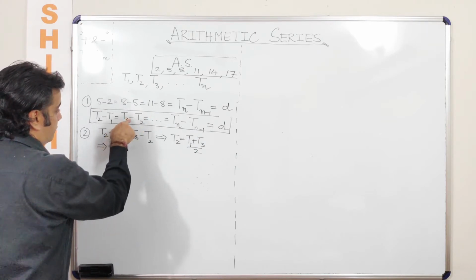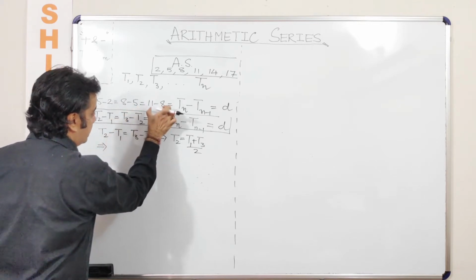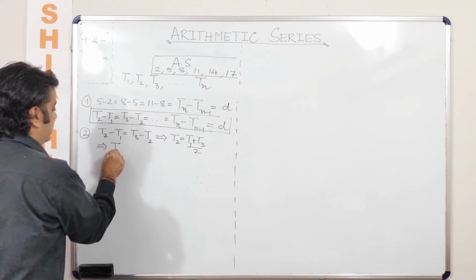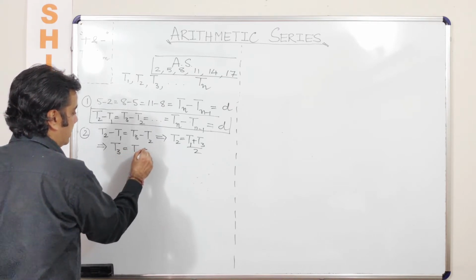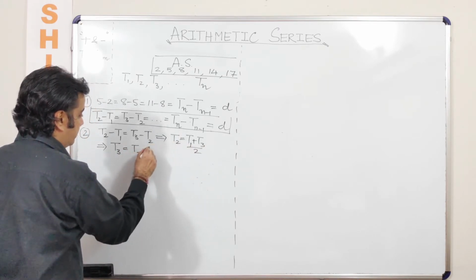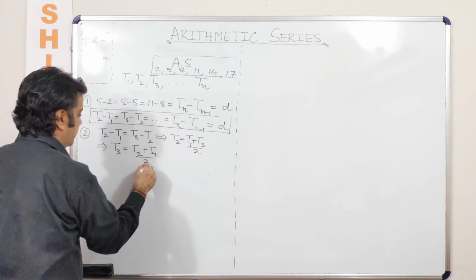So let's say if I would have chosen the second expression and the third expression, I should have got T3 is equal to the term which is prior to this, which is T2, and then the term which is next to it, which is T4, divided by 2.